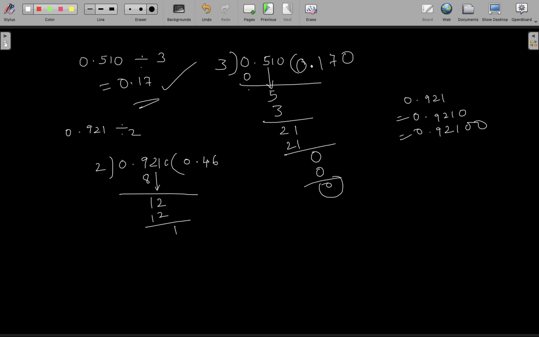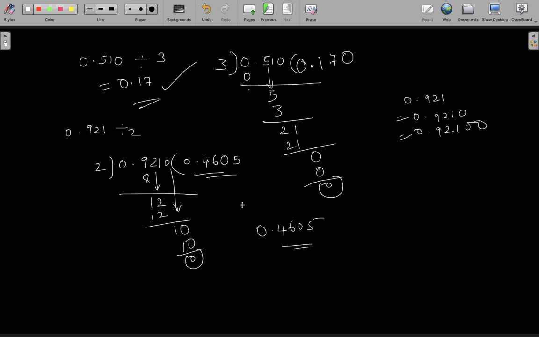But before I bring down the next element, I must understand that this is left undivided. So I am going to keep this position 0. Right? Now I am bringing down the next 0. Now it is making it a 10. And 2 times 5 gives you 10, leaving you with a 0 remainder. So your answer in this case is 0.4605.